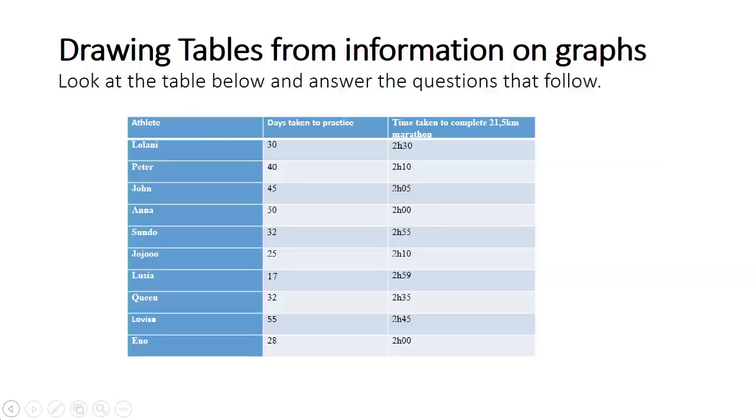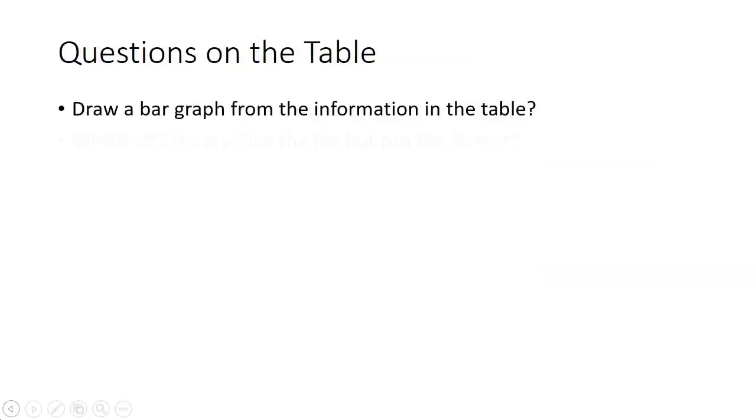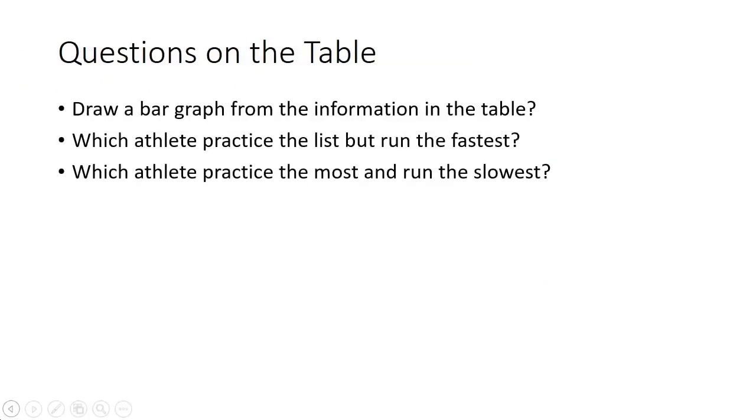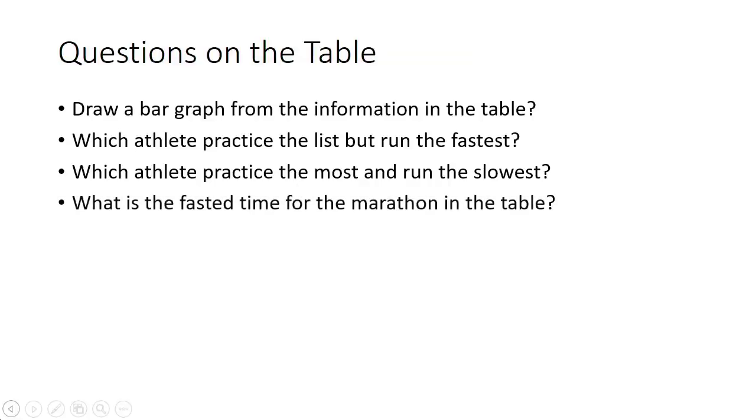You need to do the comparison so that you can see some people practice longer but took a very long time to complete the marathon. Some did not practice a lot of days, but they managed to complete the marathon faster. That is what the graph is trying to talk about. It also asks which athlete practiced the most and ran the slowest. What is the fastest time of the marathon in the table?